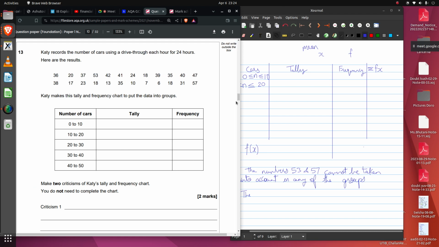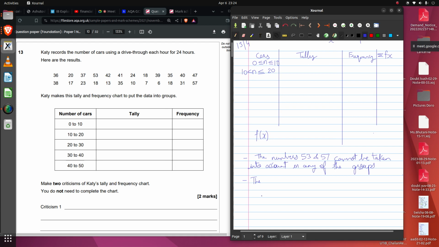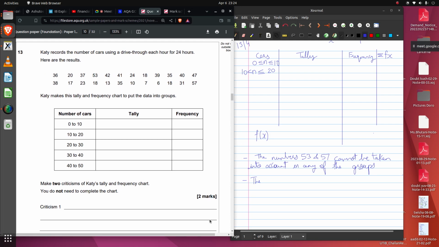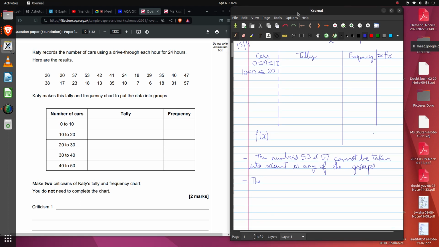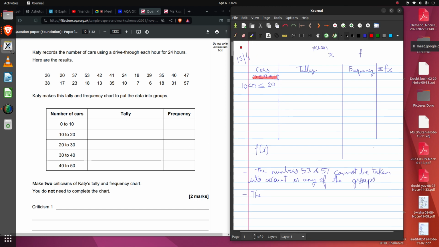So how would you write the second criticism here? I have written the first one. Second criticism, you can talk about the intervals. The intervals should have been proper.